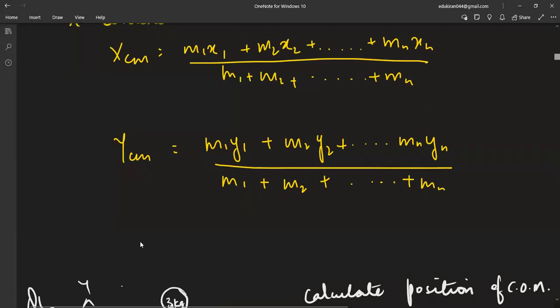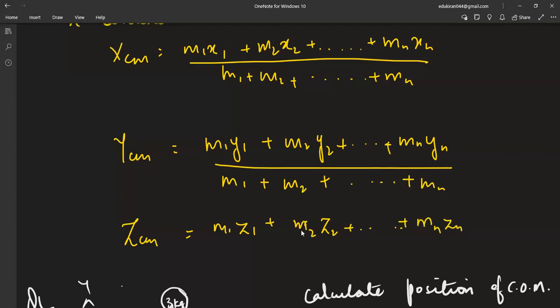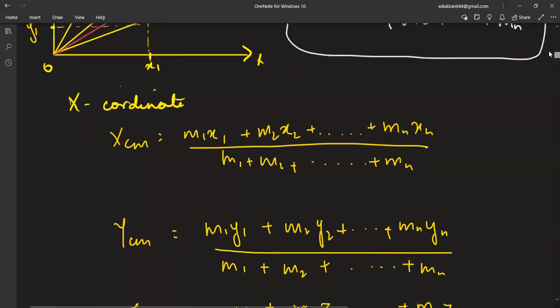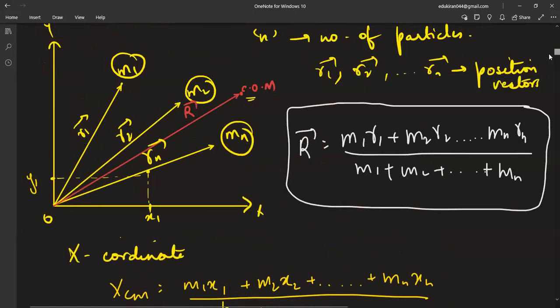If suppose you are having z axis, this will be m1 times z axis separation plus m2 times z-axis separation, like this. So this becomes Mn, Zn, divided by M1, M2 till Mn. Like this, this is the formula. The formula is not difficult. It's just that the applications you have to understand. Note it down.